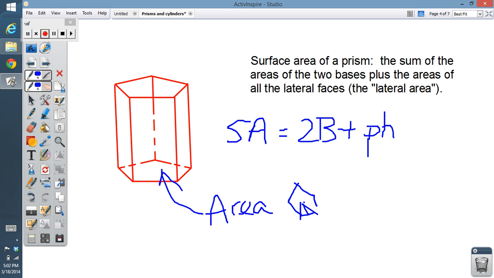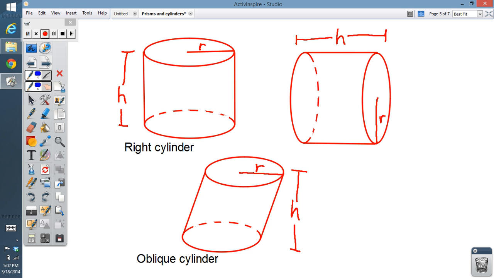Okay, next, same kind of story is going to apply to cylinders. All right, a cylinder has a circular base. Okay, and so here's a circular base. Here's an oblique cylinder, still the same 2 bases. Again, the circles, the bases are parallel and congruent.